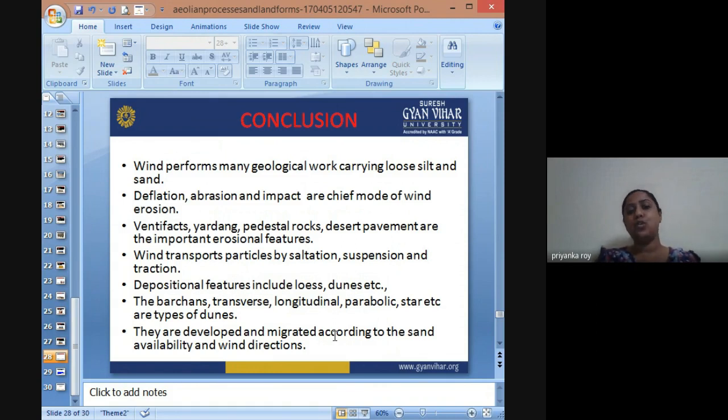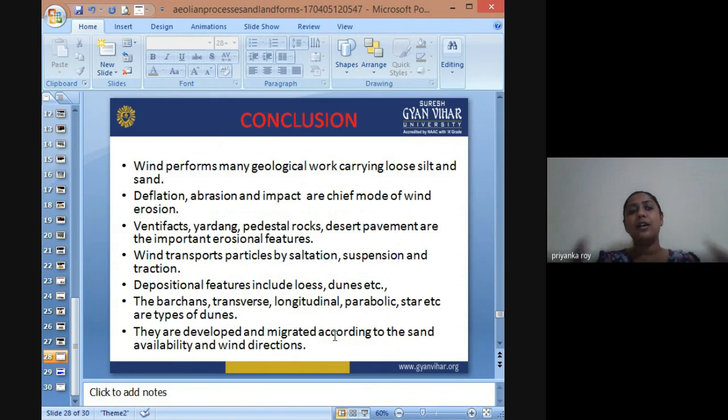Okay, so to conclude the entire session, I will say that wind plays a very important role in carving land features in dry arid regions. Why is wind action or wind erosion not seen, or depositional action not much seen, in areas where soil moisture is high and precipitation is high?